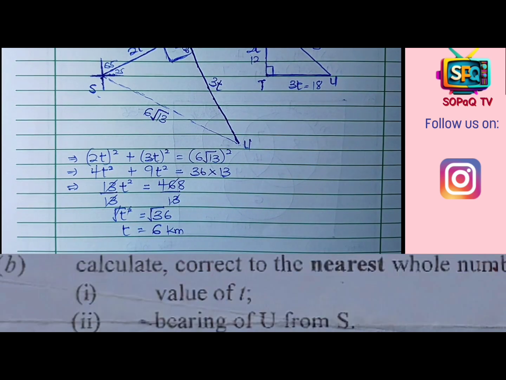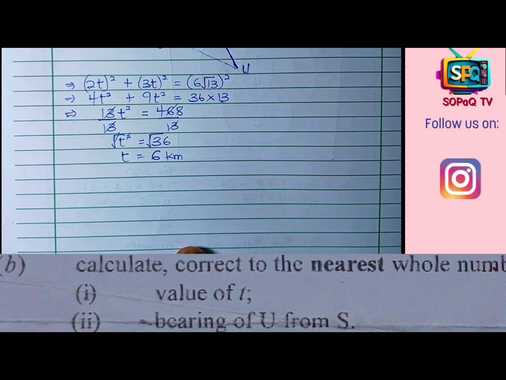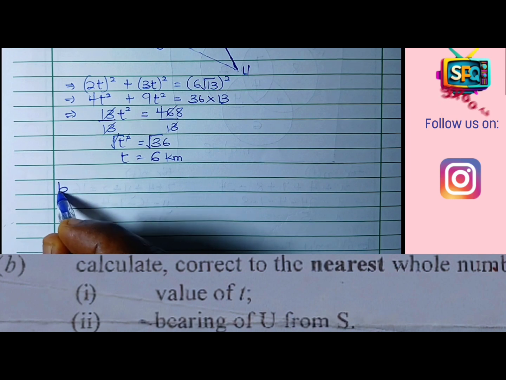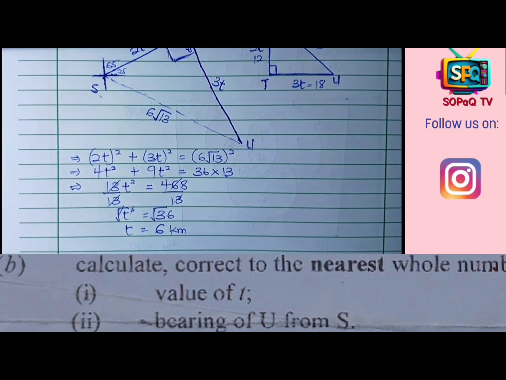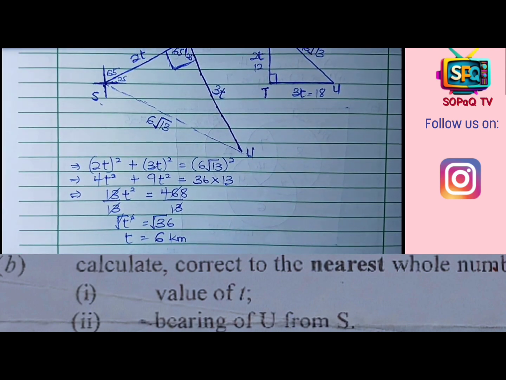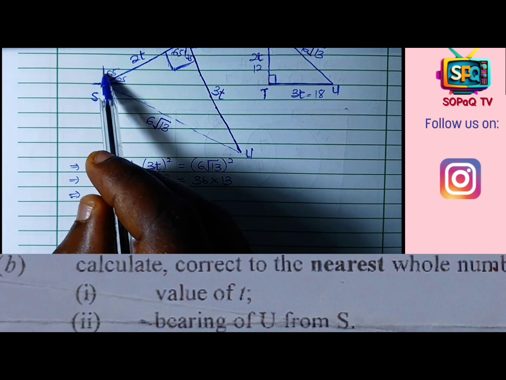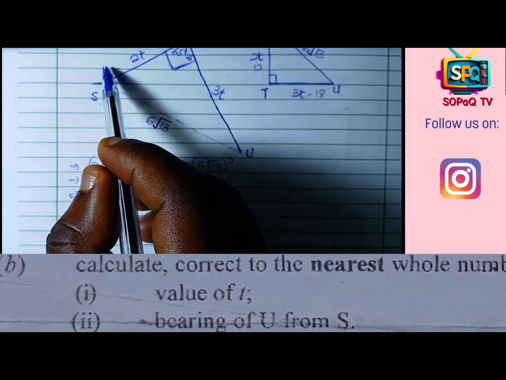Then the B part. We are to find the bearing of U from S. In other words, we are to read the bearing from S of this line U. And how do we read bearings?